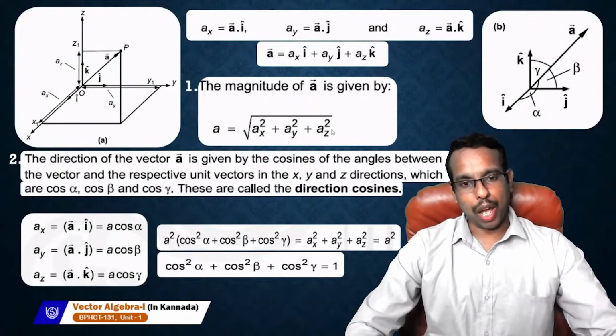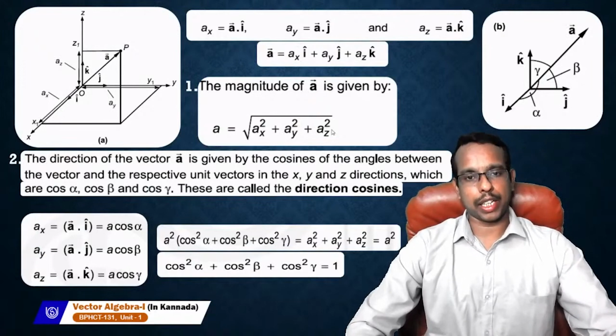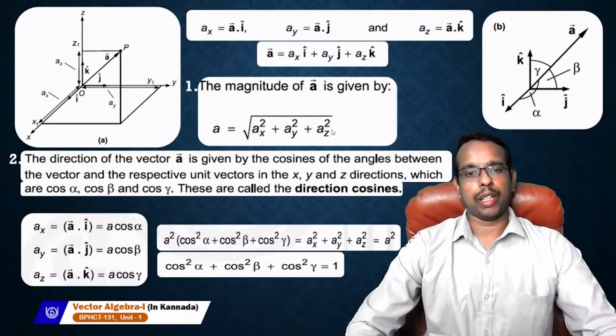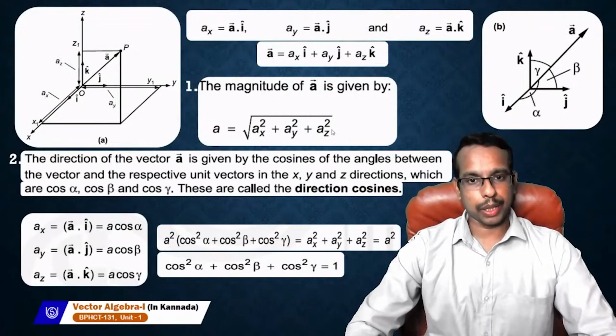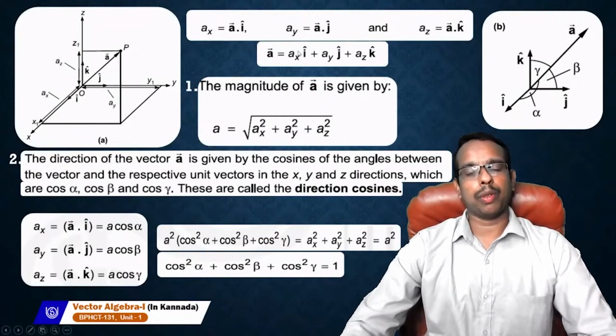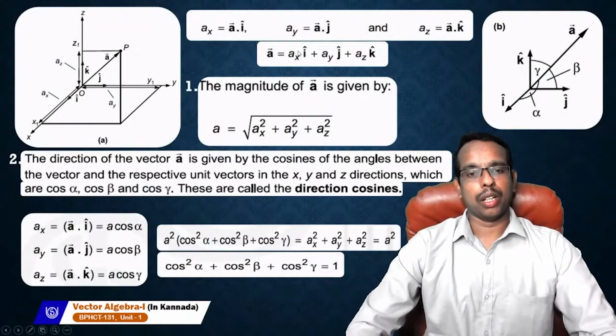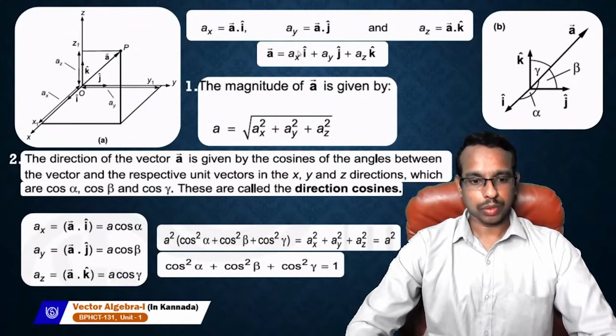Now just try to add these to find the final vector. The final vector is nothing but a vector is equal to ax i cap plus ay j cap plus az k cap. Now we'll find each component: ax is nothing but a cos alpha, ay is nothing but a cos beta, and az is a cos gamma. Now we'll try to substitute in the magnitude.